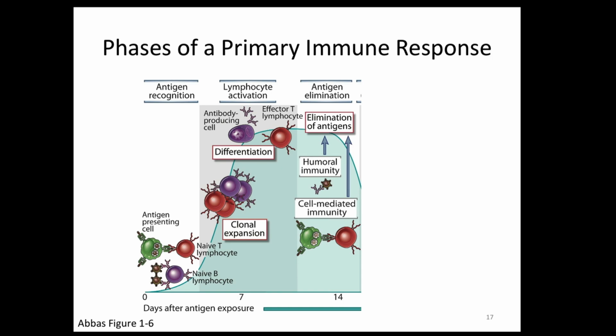And that's all really, really, really important because that is what's going to make us eliminate the antigen. That's what's going to make us get rid of the microbe. So you can see once we have differentiated those B cells into plasma cells, those T cells into either CTLs or helper T cells, we're now going to eliminate the antigen.